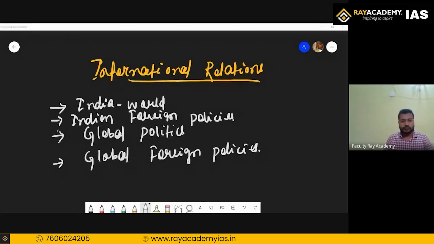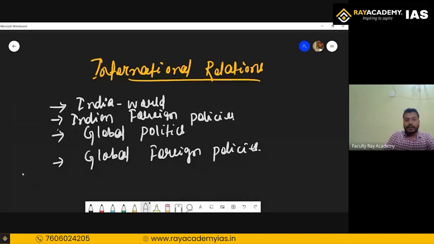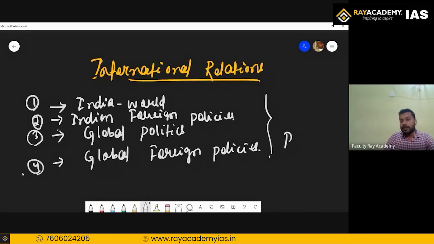Okay. So I'm just outlining the broader sense. These four important points cover your international relations: India and the World, Indian foreign policies, global politics, and global foreign policies. All four of these points are for the political science PSIR optional.